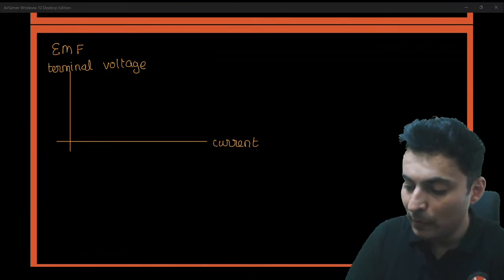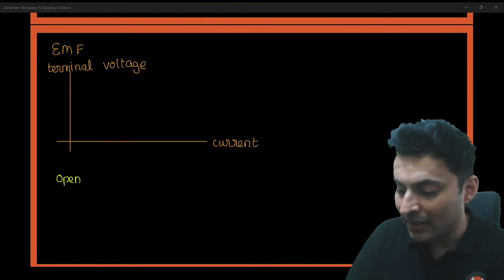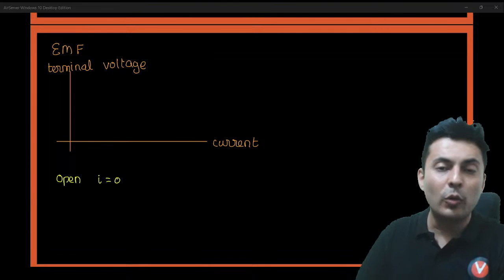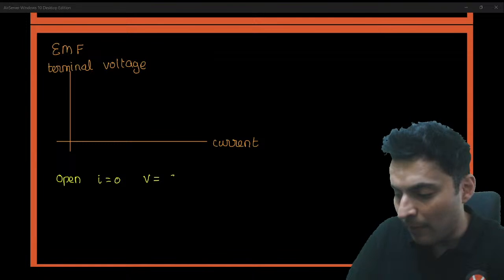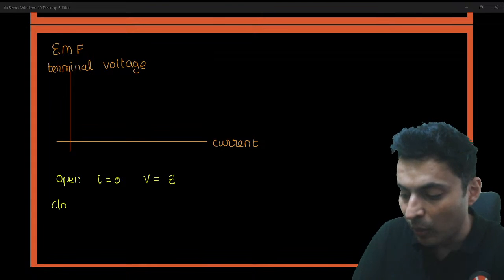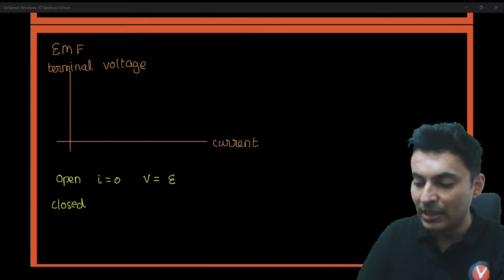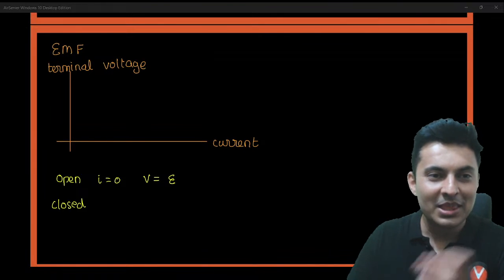When you keep the cell open, then the current is not there. Open means nothing is connected, and the terminal voltage happens to be the EMF. But when it is completely closed, my dear warriors, what will happen?